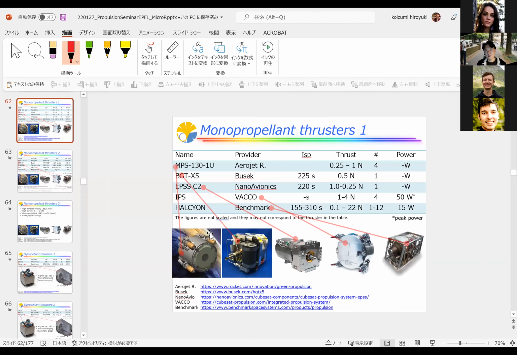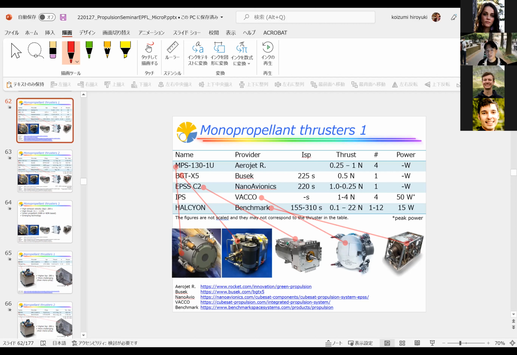Especially in the case of small satellites, the merit of small satellites is quick and easy development. To utilize this advantage, we should not use a very dangerous propellant for a micropropulsion system. So green propellant is very much preferred for micropropulsion, but not only for small satellites, also for standard size satellites. This shift to green propellant is starting.